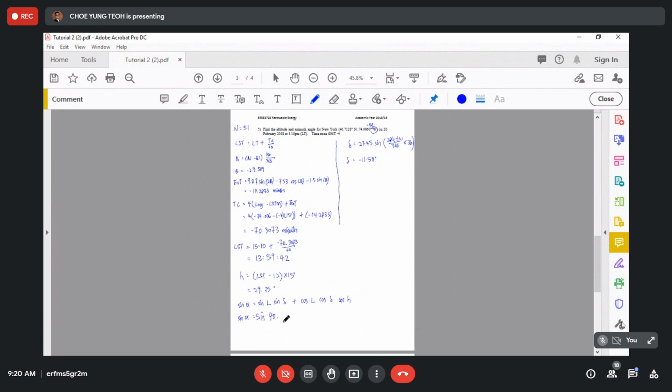Latitude also same thing. If north, then you use positive value. If south, we use a negative value.